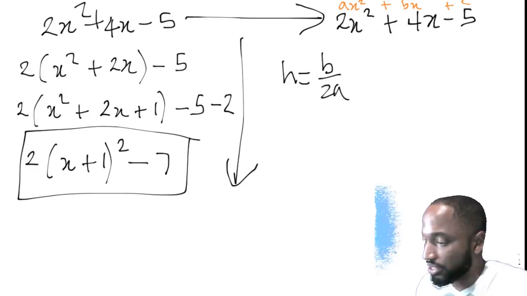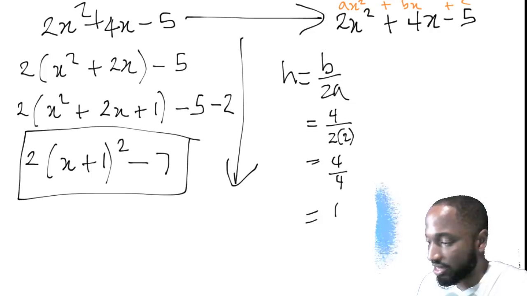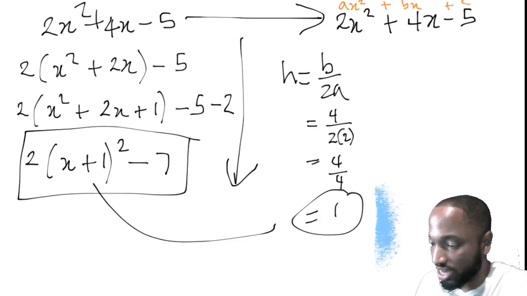So h is going to be equal to b over 2a, which is 4 over 2 by 2, which is 4 over 4, which is 1. And are you seeing that that's 1 over there?